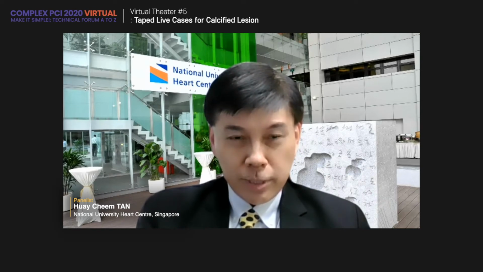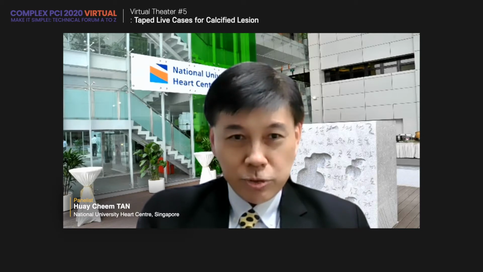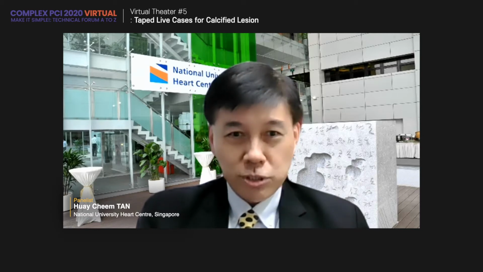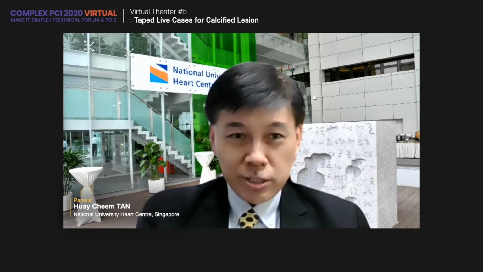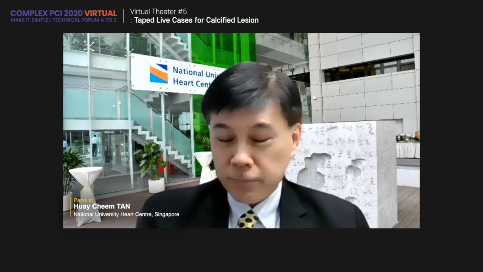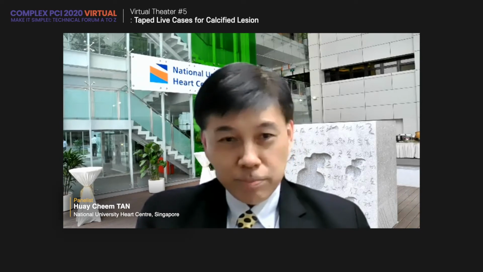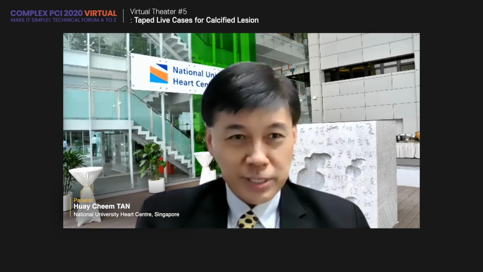We always talk about shockwave use to prepare a lesion, but sometimes we actually prepare the lesions for the use of shockwave. For example, when you have a very tight blockage, you need to facilitate it by pre-dilating it with a non-compliant balloon. When you have a very angulated lesion, you can't expect it to go down. You might have to use a guide extension to facilitate the entry of the shockwave balloon.